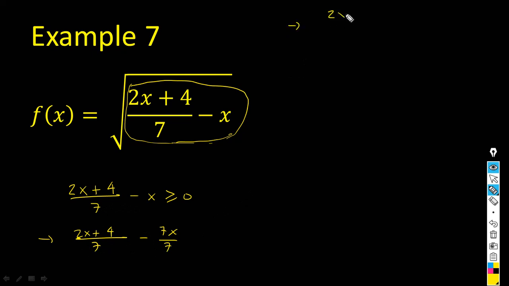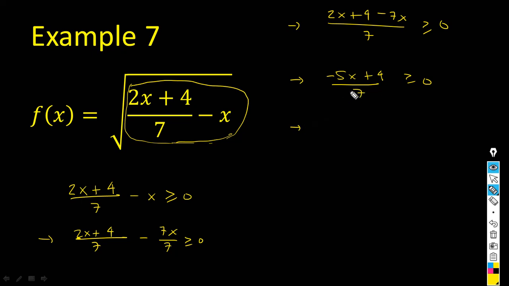We're gonna have 2x plus 4 minus 7x over 7 greater or equal than 0. Okay, let's simplify the numerator. We have minus 5x plus 4 over 7 greater or equal than 0.